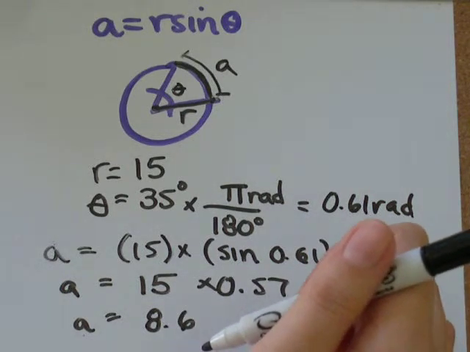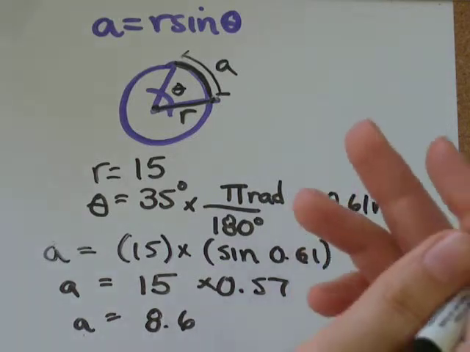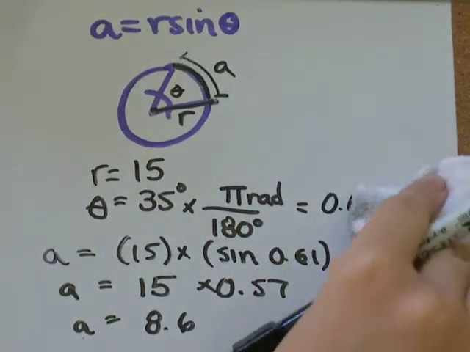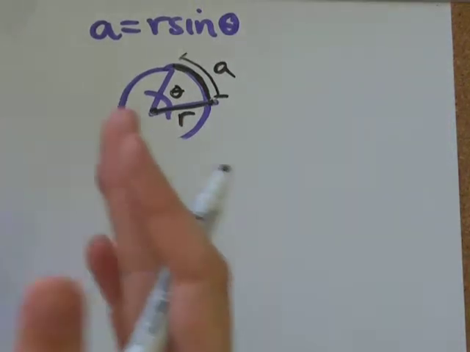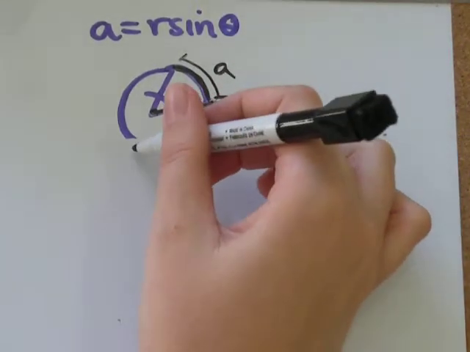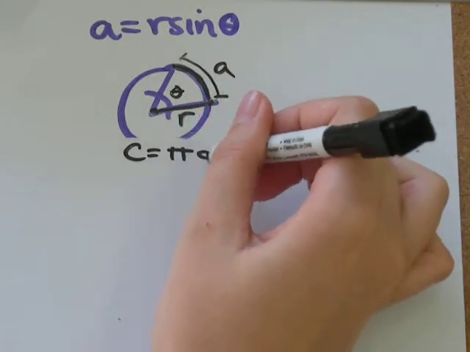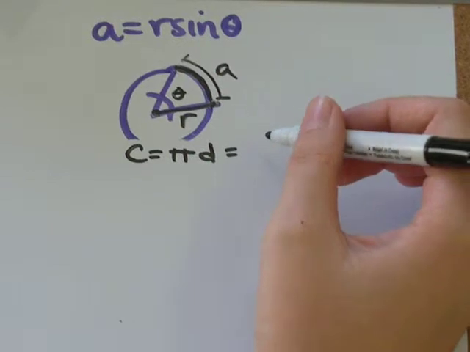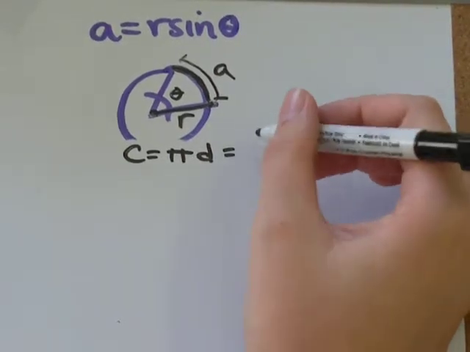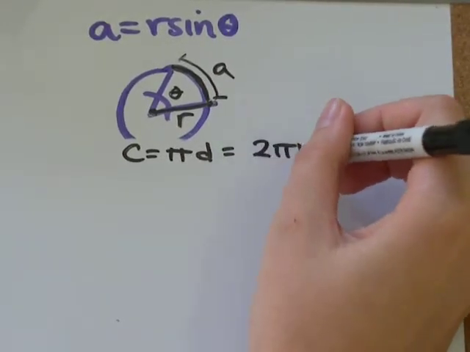So there's other ways that you can do these questions just by not using a formula, but just by thinking about it. On our circle we have circumference, right? Circumference equals pi times diameter. Diameter is the same as 2 times the radius. So the other formula for circumference is 2 pi r.